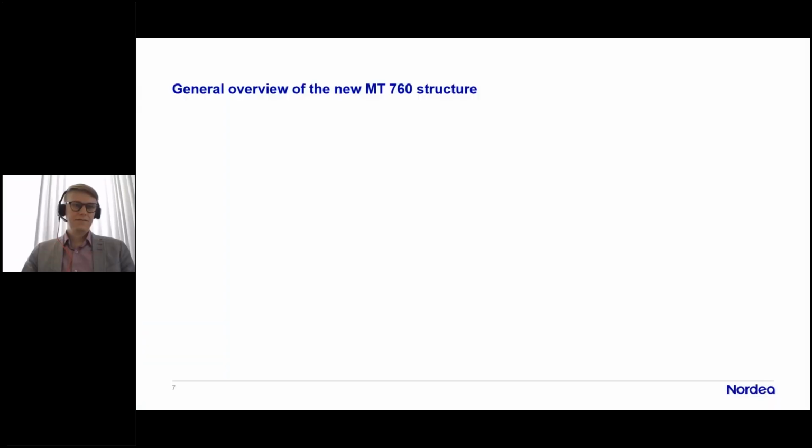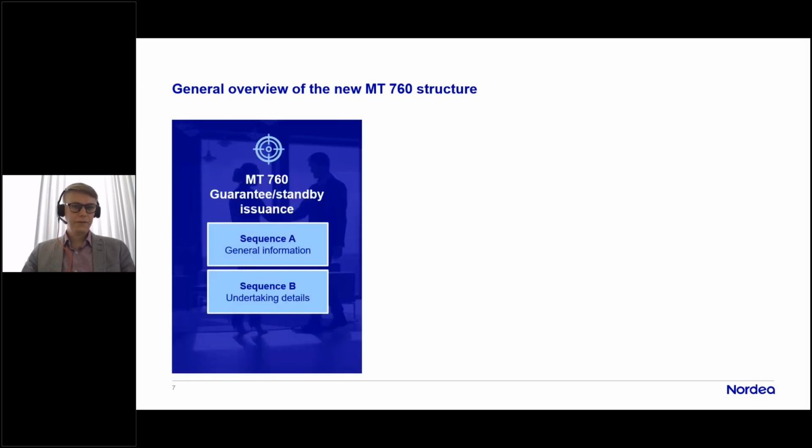The general overview of the new MT760 is that it will always include two sequences. Sequence A, containing general information about the message, and sequence B, which contains the undertaking details.